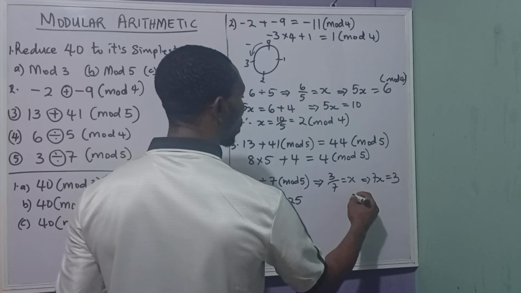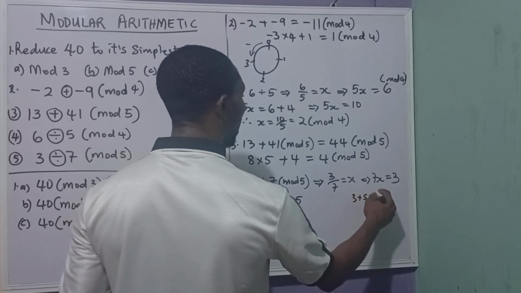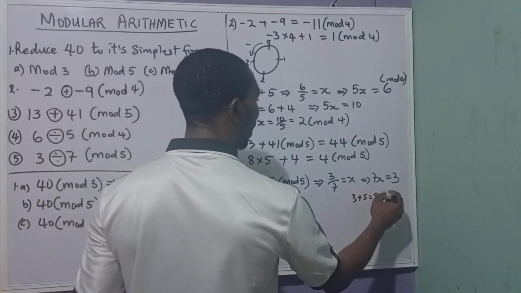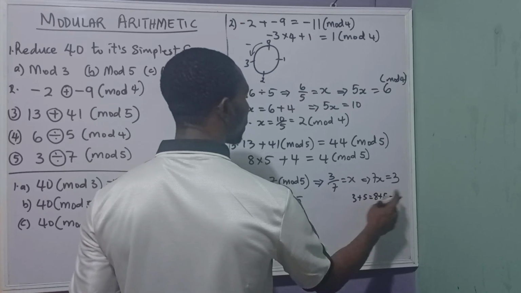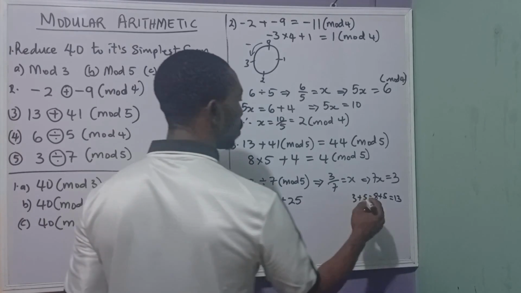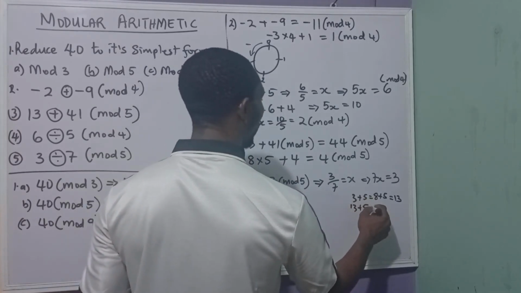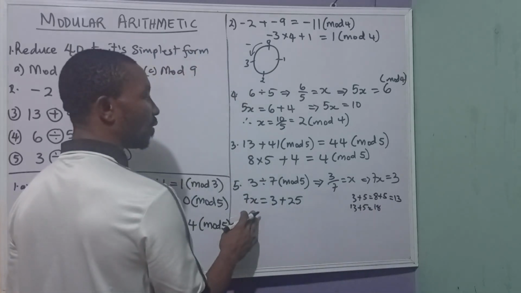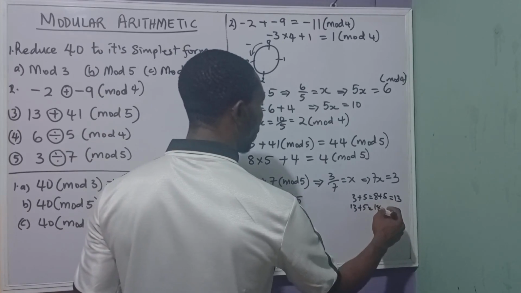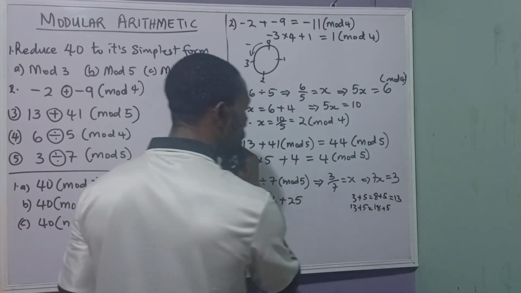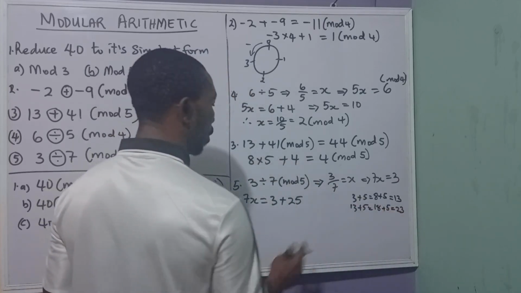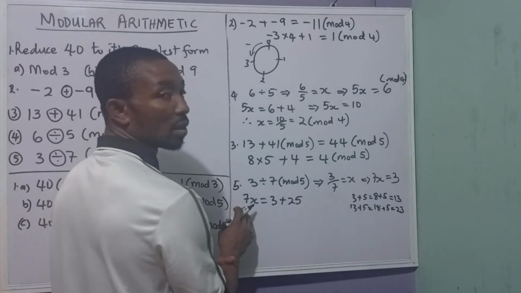If we do 3 plus 5 it will give us 8, which is not divisible perfectly by 7. We add another 5, which gives us 13, still not divisible by 7. So 13 plus 5 gives us 18, still not divisible by 7. We add another 5, which gives us 23, still not divisible by 7.